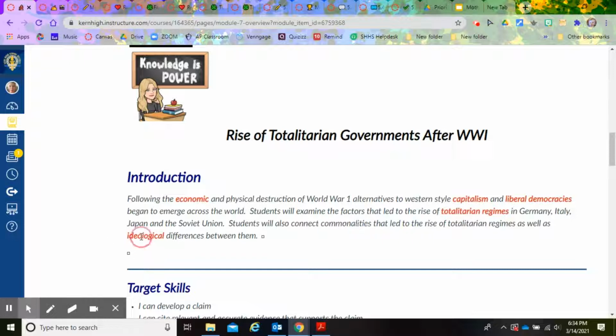We're also going to look at the ideological differences, those sets of beliefs, between communism, fascism, and socialism, and how they are all different from each other, yet similar in a lot of ways.